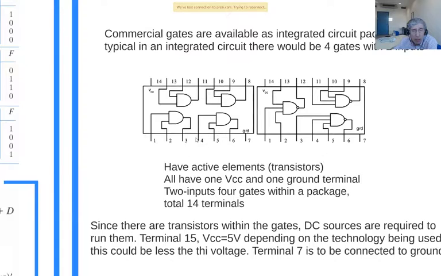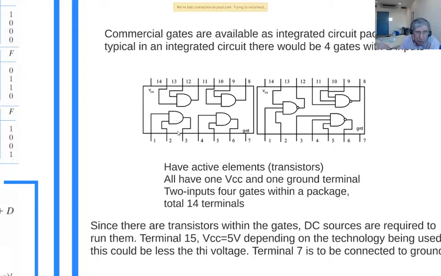There are different technologies to produce these integrated circuits. TTL logic is one technology, CMOS logic is another, and some other technologies are available. But the Boolean algebra application and the logic circuits that we deal with in theory in this logic design course are independent of these technologies.